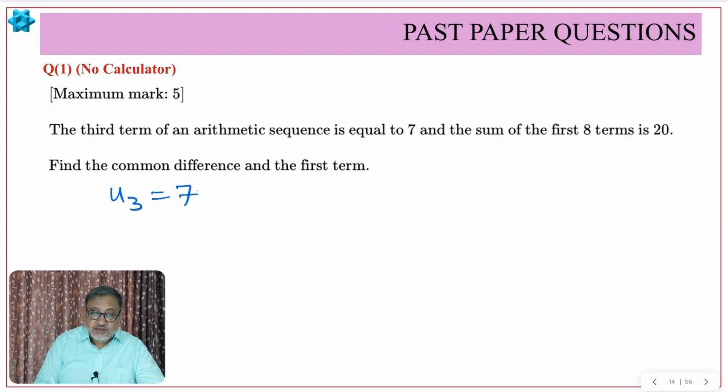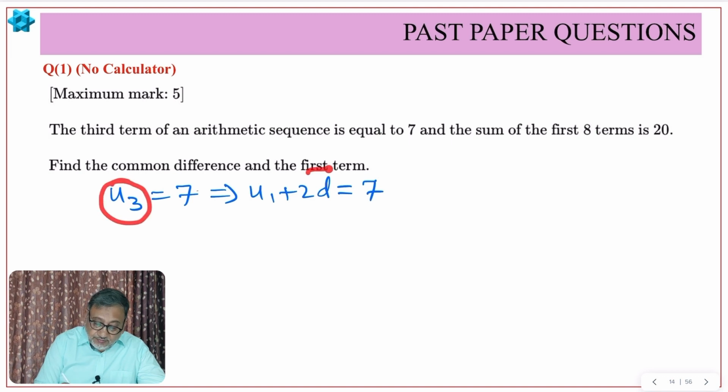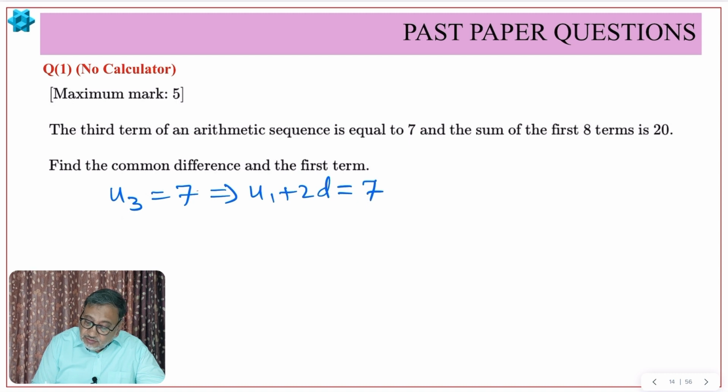It means U1 plus 2D, because D is 1 less than the term number. So this is the third term, therefore we will write 2D. Okay, and what else is given? The sum of the first 8 terms is 20. So S8 is 20.